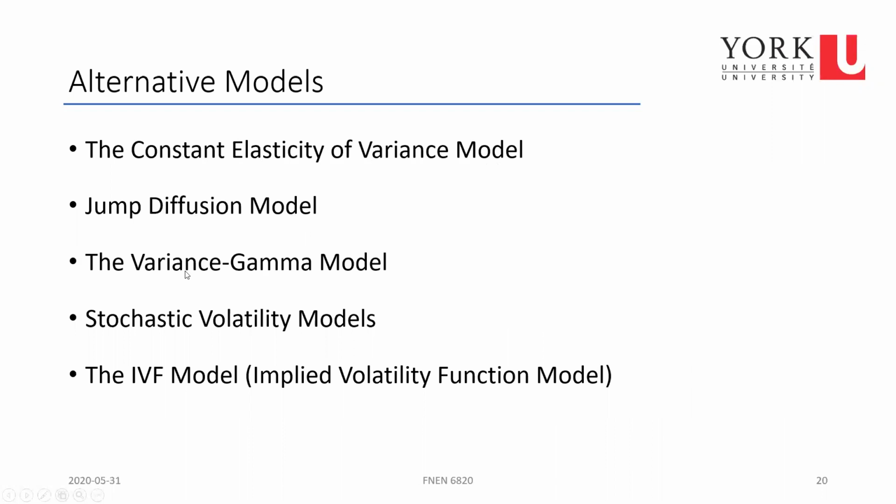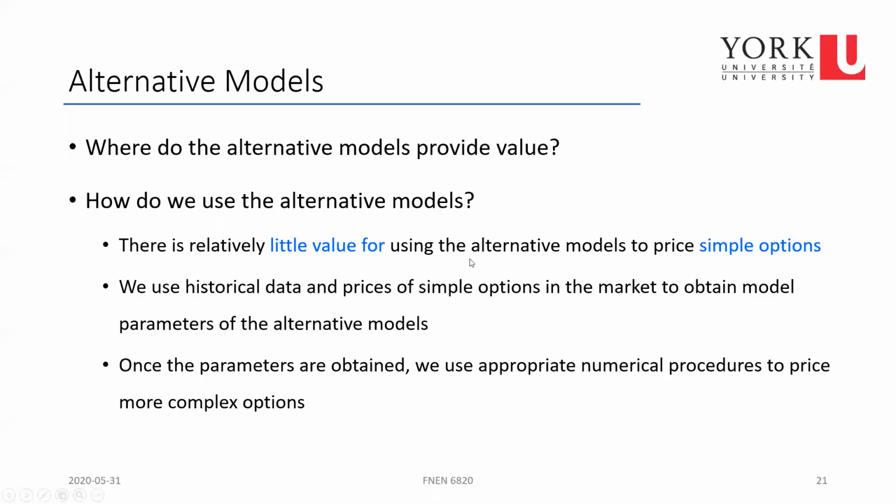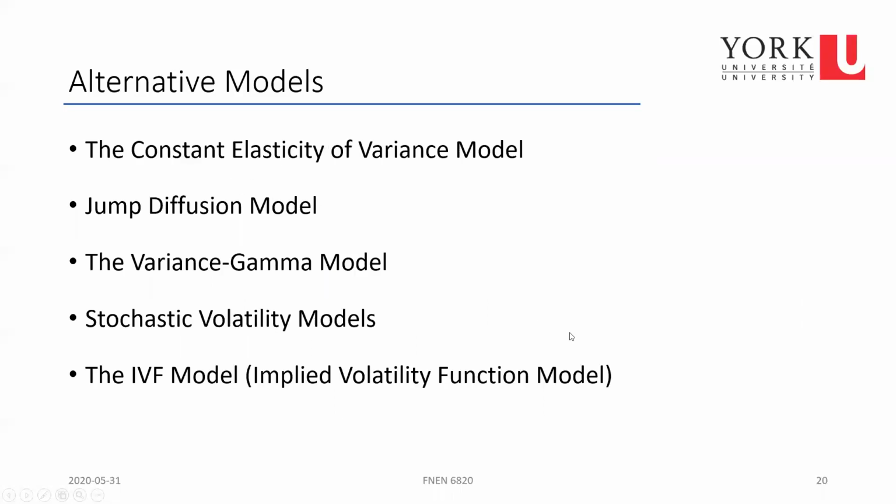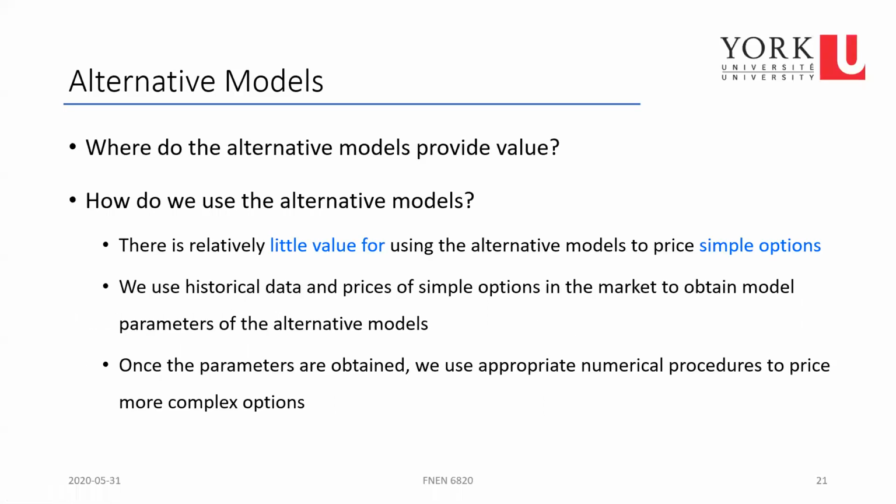The third one is a variance gamma model. Then we have a stochastic volatility model. And the last one is the implied volatility function model. Okay, so let's take a look at the constant elasticity of variance model first.